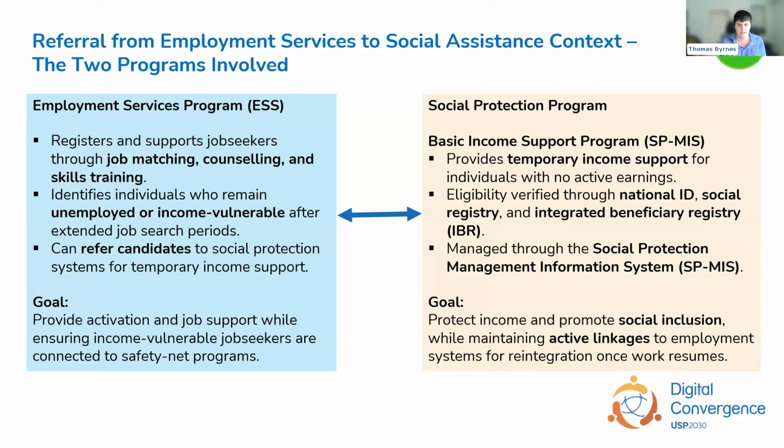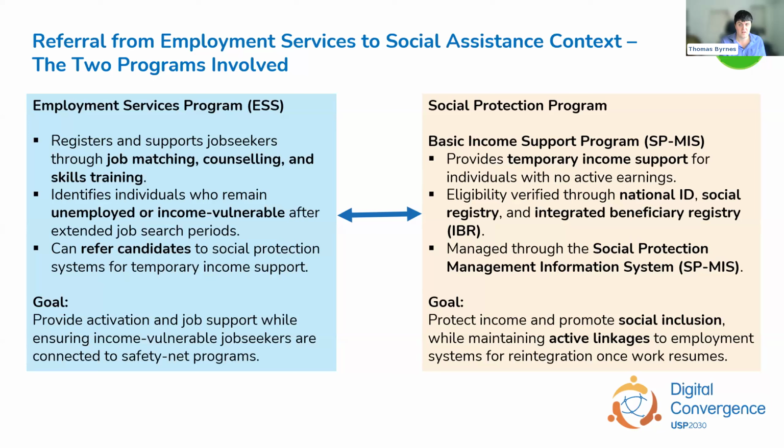And on the right, we have an illustrative basic income support program. Again, this is just an example program for the demo, but it reflects the structure of a real-world program. Its purpose is to provide short-term income support for people who have no active earnings or are below a poverty line criteria.